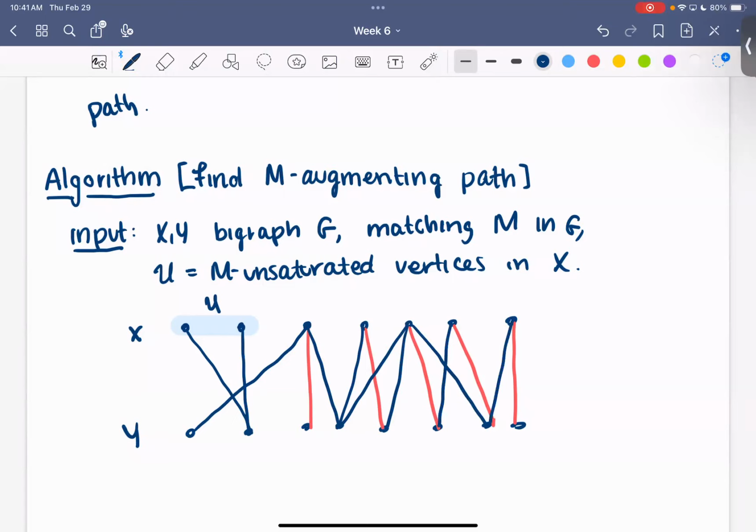Okay, so the idea is that we're going to start in U and explore M alternating paths coming out of here. And then we'll let S be the set of vertices reached. So this is kind of like the proof from last time. So if we reach a vertex via an M alternating path, then S is going to be that set of vertices in X, and T is going to be that set of vertices in Y.